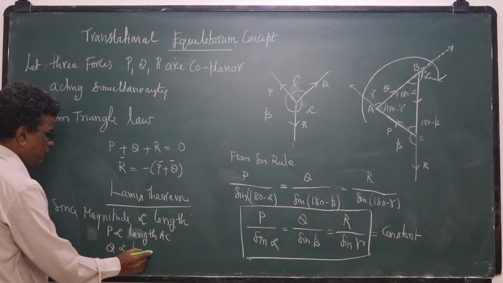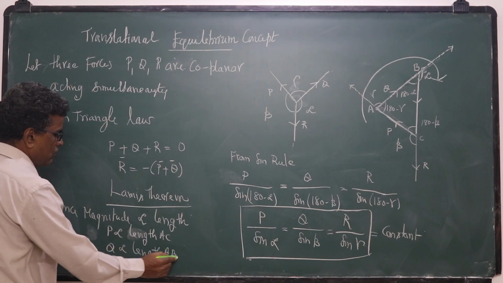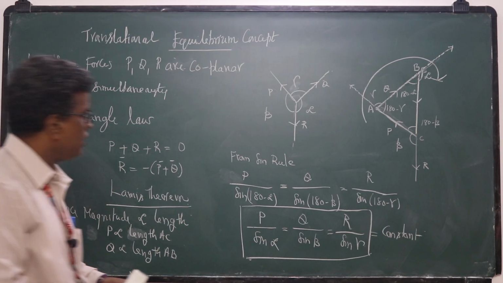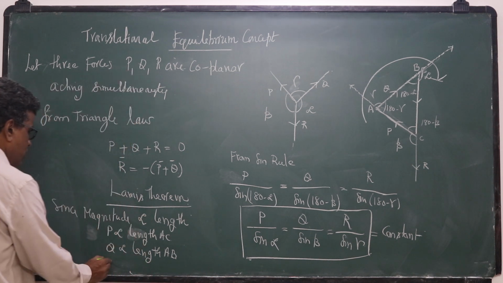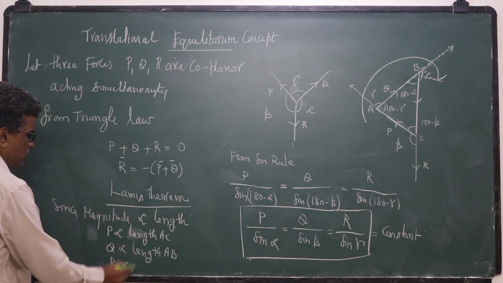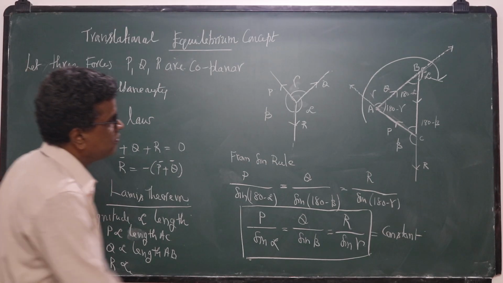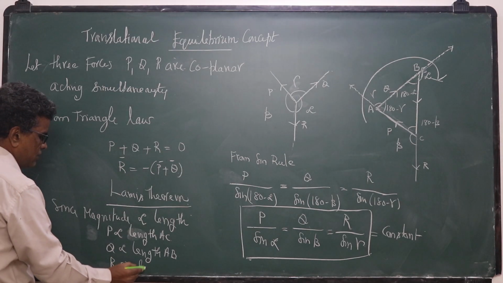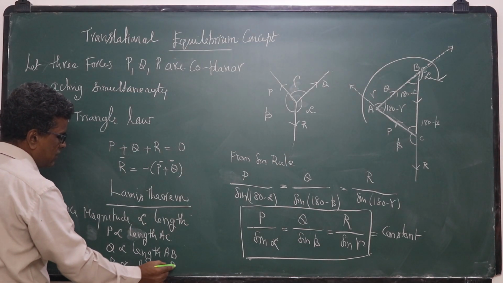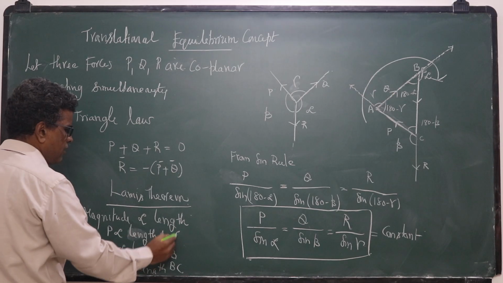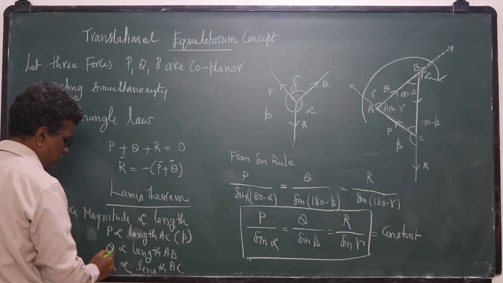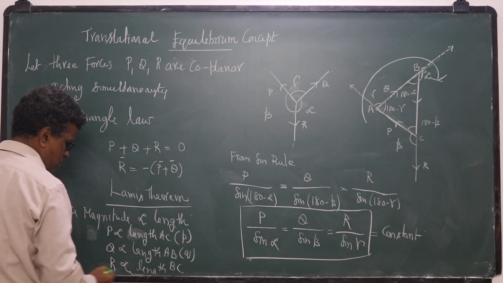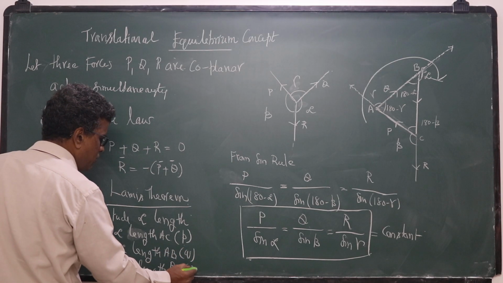See the diagram. And R is proportional to length BC. So this AC I assume as small p, length AB I assume as small q, and length BC as small r.